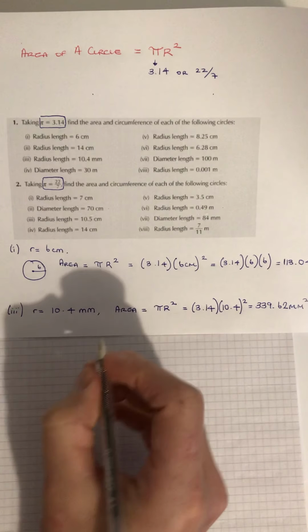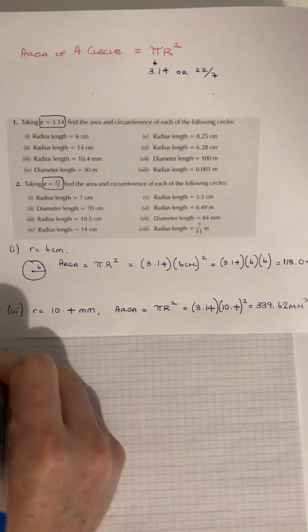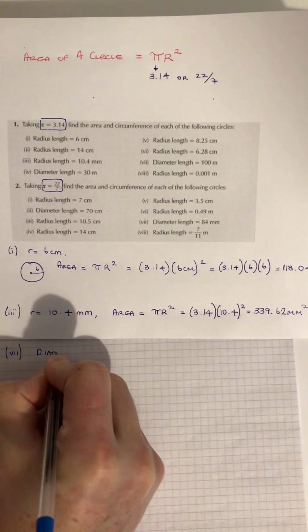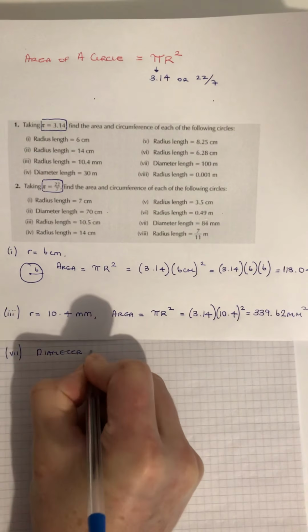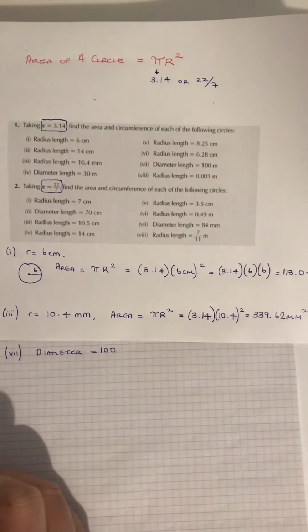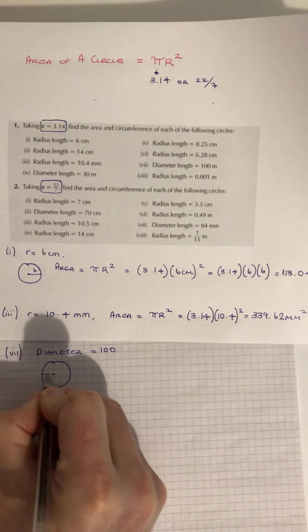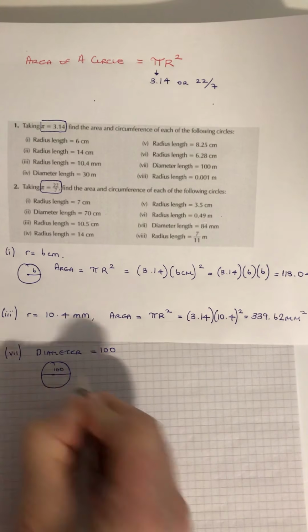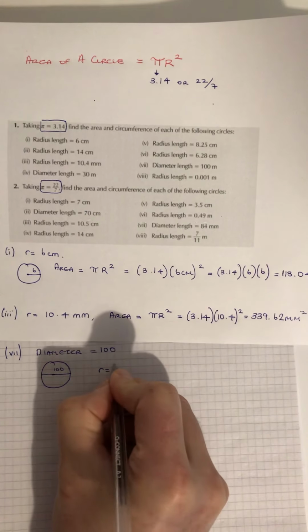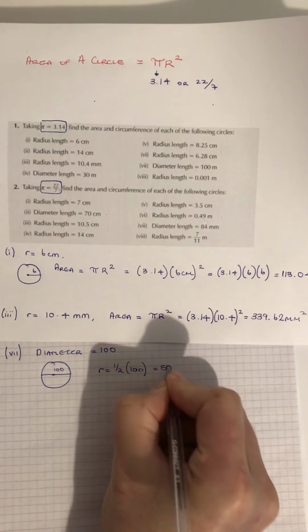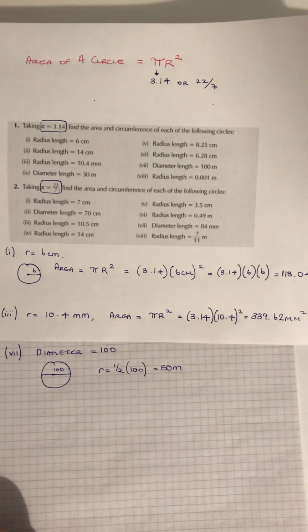Alright, and then look at part 7. It says the diameter is equal to 100. But the diameter goes the whole way across. So the radius will be a half of 100, which is equal to 50 meters. You see?